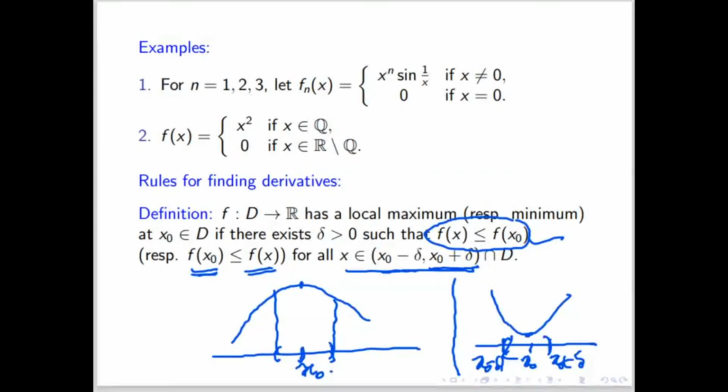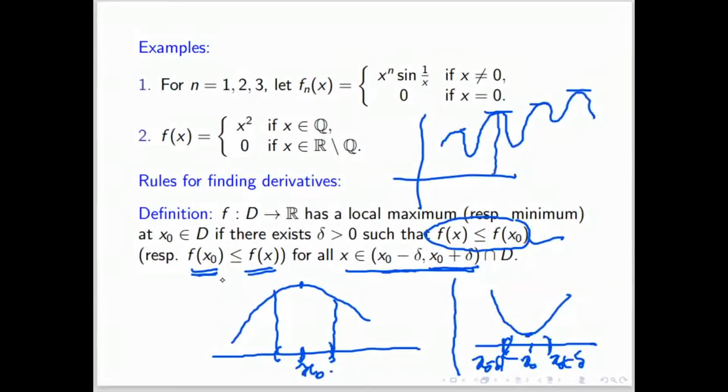A function can have more than one maxima and more than one minima, and all are called local maxima or minima. The one which has the maximum value is called global maxima, and the one which has the minimum value is called global minima. For example, this function: these all are local maxima.